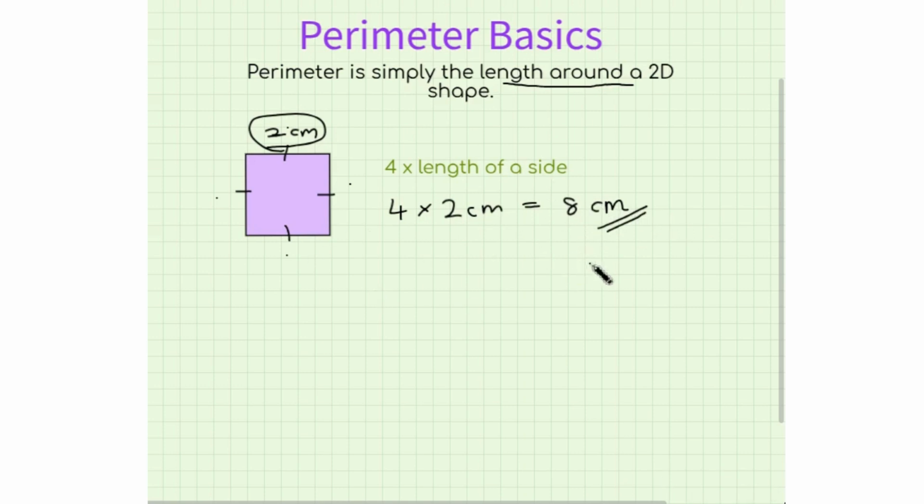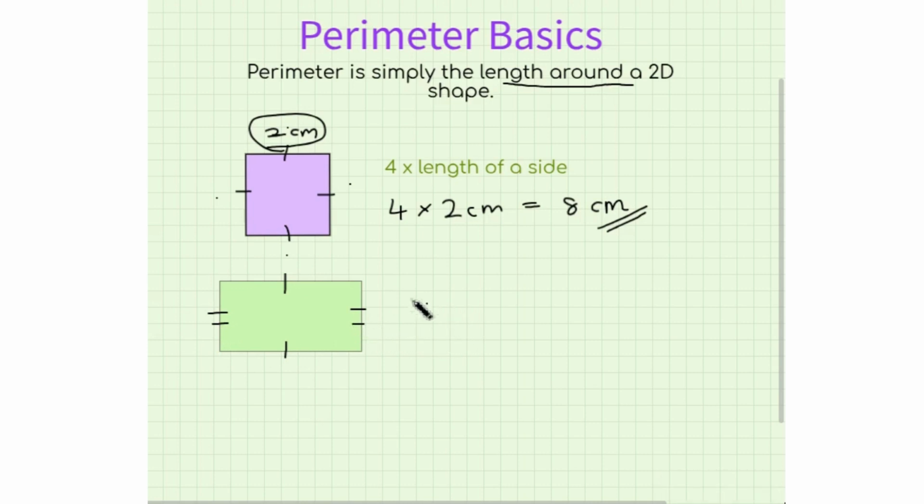Okay, and then moving on, we have a rectangle. All right, now in a rectangle, the difference is that only 2 sides are equal, right? This side would equal this side, and this side would equal this side.